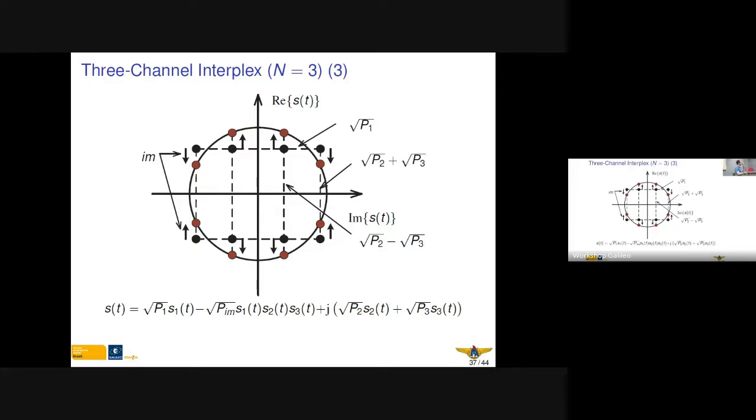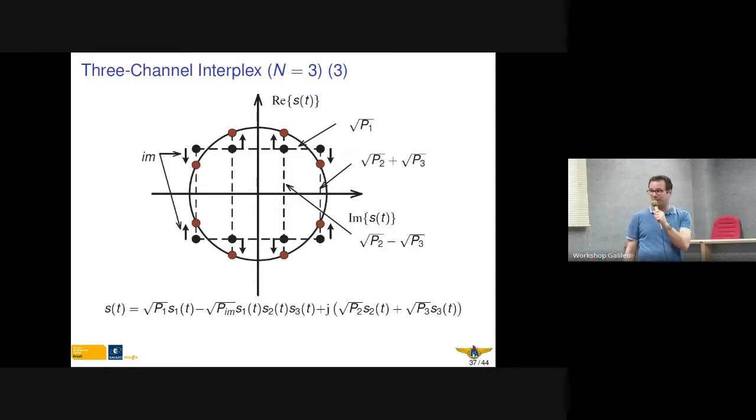In black, we have the superposition of the 3 signals without the intermodulation product. So this would be just one component in phase and a weighted sum of the two remaining signals in the quadrature component.